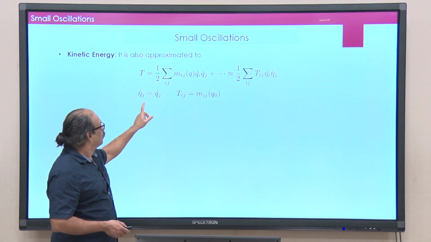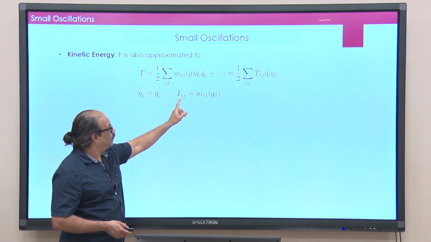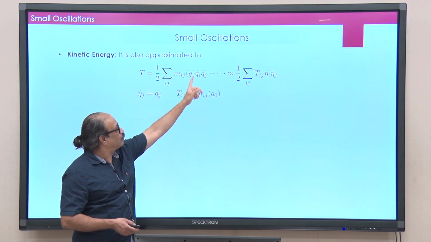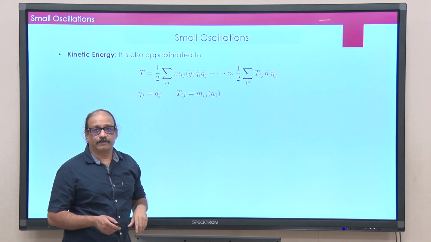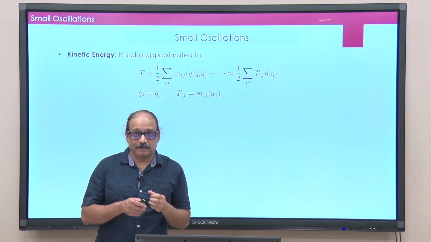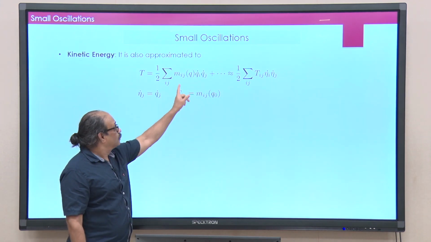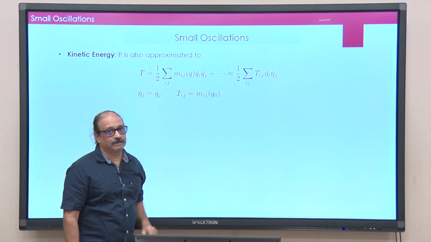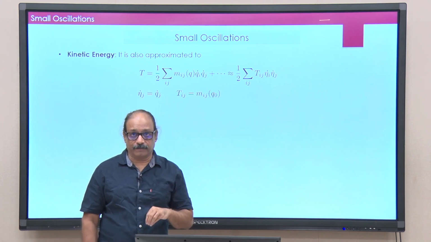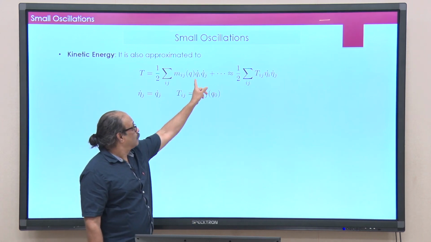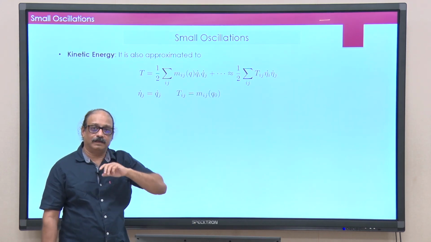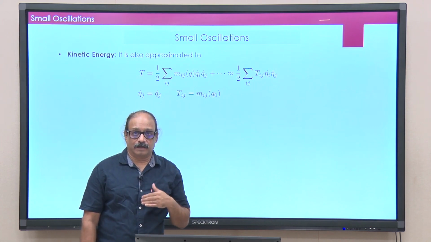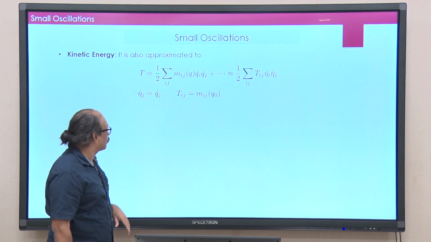So, what I will do is, Tij is constructed from these coefficients here, which I will call mass in some sense, by just evaluating these coefficients at q0, because Qi dot Qj dot already represents the second order term there.